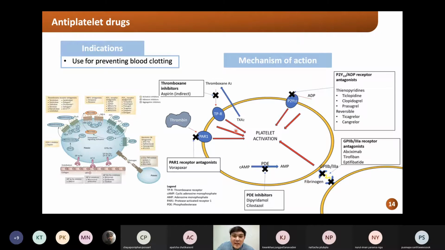And you will see that there are various kinds of mechanisms of actions of anti-platelet drugs.